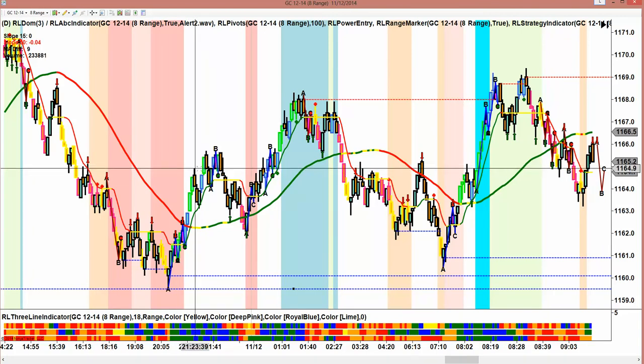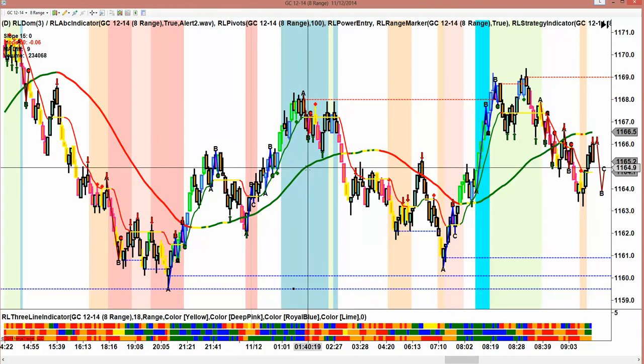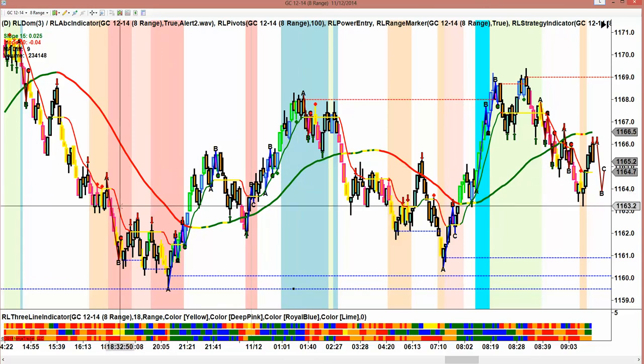We consider the prevalence of a potential move to the downside or the upside to be very low in between, although it can happen. So what we're trying to do here by giving you a bias indication is simply keeping you in the areas where the prevalence of a move to the upside or to the downside is going to be the greatest.